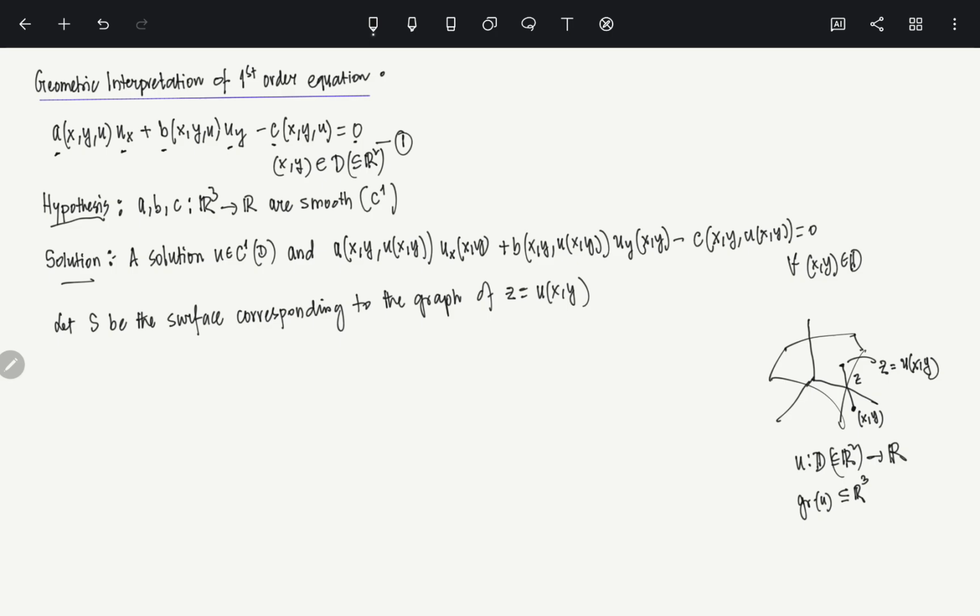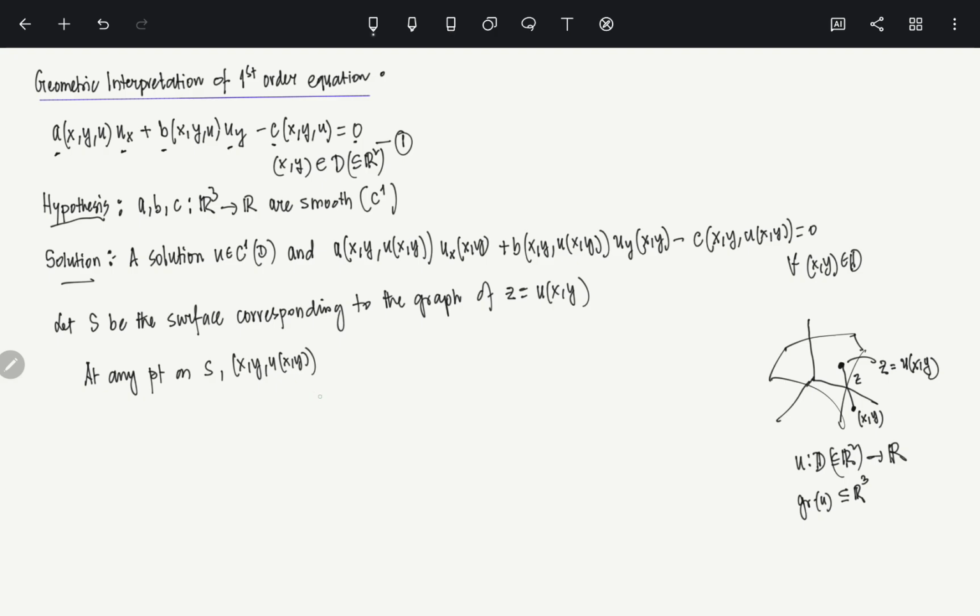Okay, so any point on S is given by (x, y, u(x, y)). So at this point, let's say this is the point, (x, y, u(x, y)). You can also write it as (x, y, z), but let us just stick with (x, y, u(x, y)).